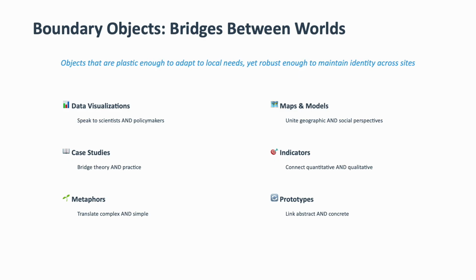Examples include data visualizations that speak to both scientists and policymakers, maps that unite geographic and social perspectives, case studies that bridge theory and practice, indicators connecting quantitative and qualitative, metaphors translating complex to simple, and prototypes linking abstract to concrete. These objects become crucial tools for transdisciplinary synthesis.